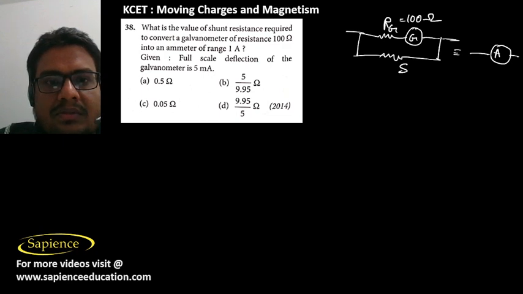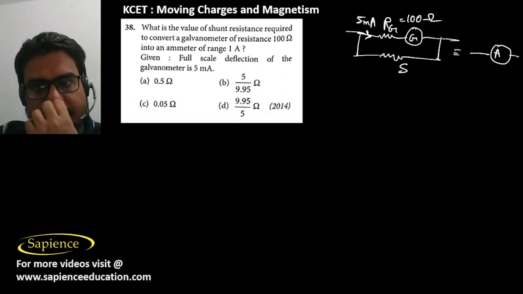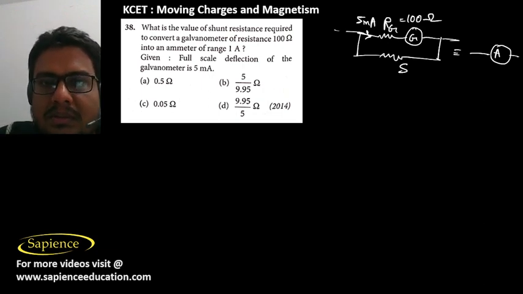Full scale deflection of the galvanometer is 5 milliampere. So it means that when 5 milliampere current is flowing through the galvanometer, then through the main branch 1 ampere current should flow, since the range of the ammeter is 1 ampere.